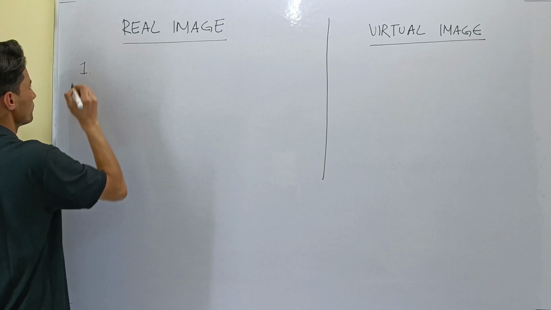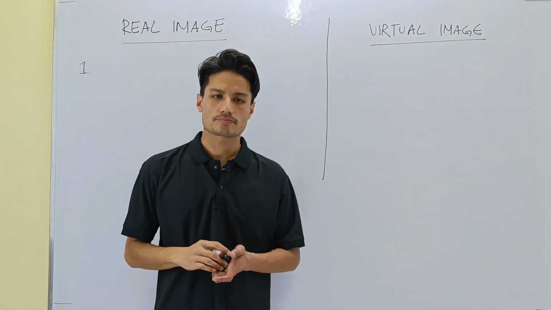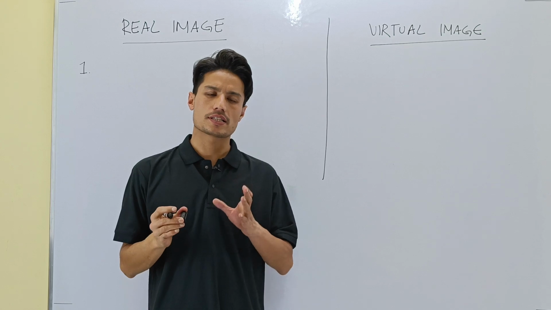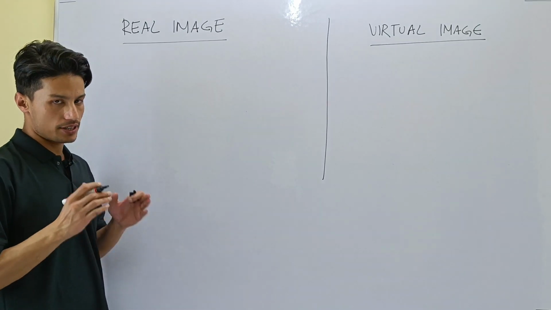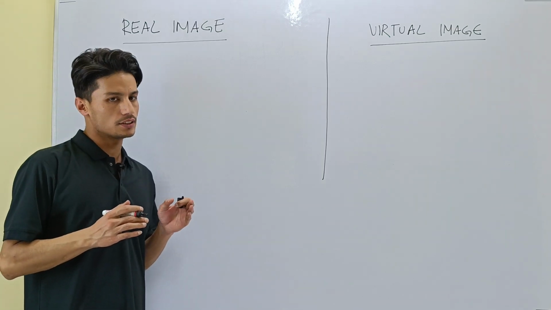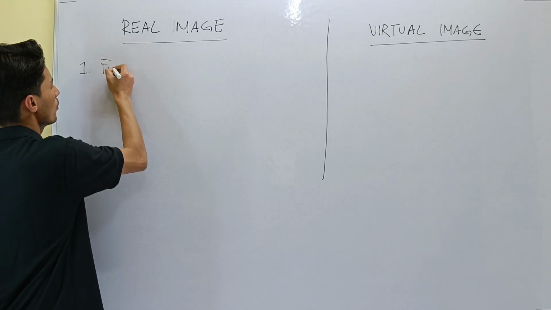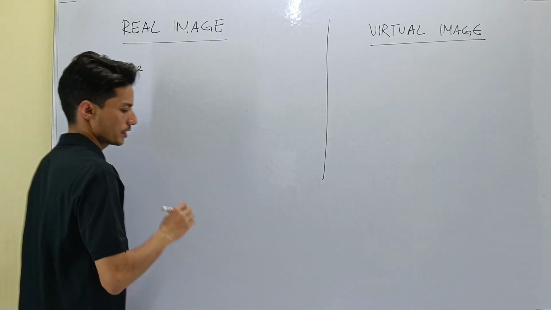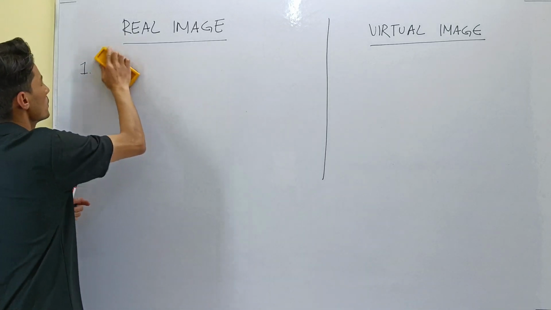Point number one. A real image is an image which is formed when the reflected rays meet. So when the reflected rays meet each other, they form a real image. Let me give you a good definition.